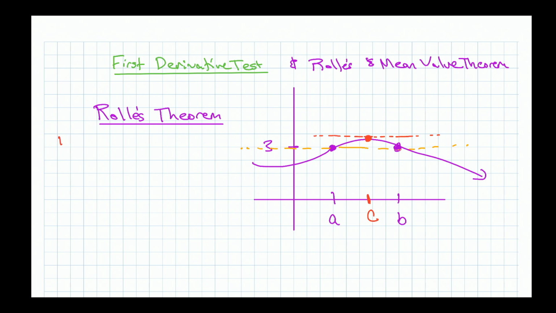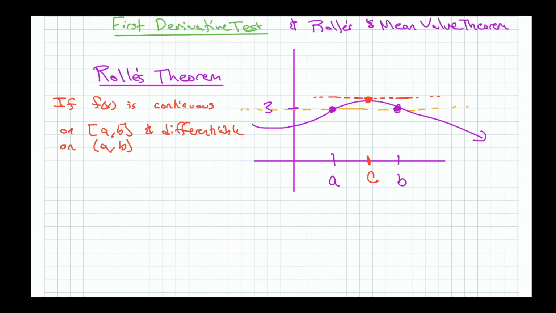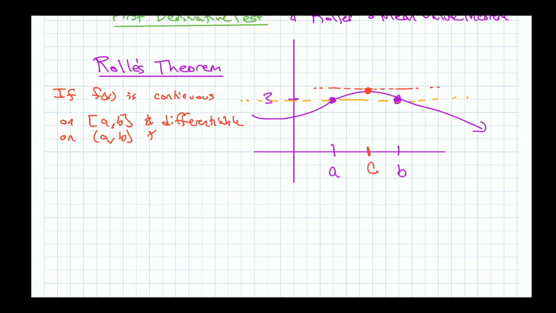So if f of x is continuous on AB and differentiable on AB, then, oh, and sorry, that's kind of just the boilerplate that's on all these theorems.